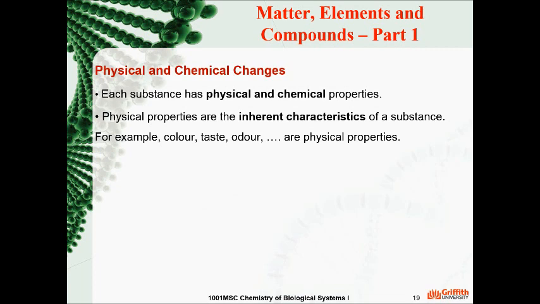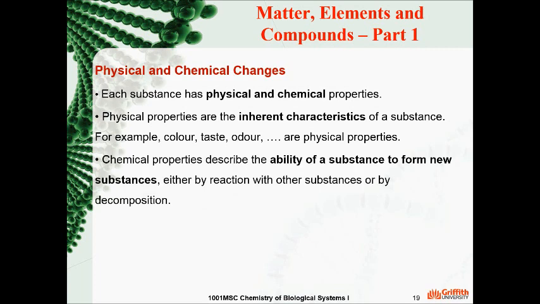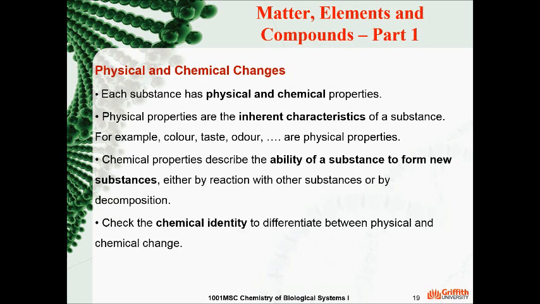For example, color, taste, odor, state of matter, density, melting point, and boiling point are all physical properties. Chemical properties describe the ability of a substance to form new substances, either by a reaction with other substances or by decomposition. So to recognize if the change is physical or chemical, we need to check the chemical identity of the matter before and after the change.